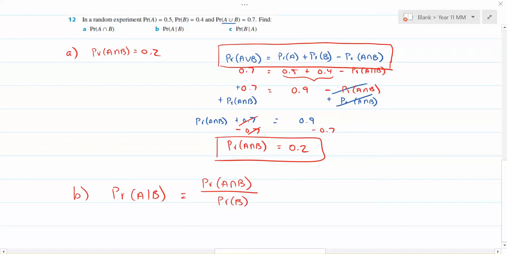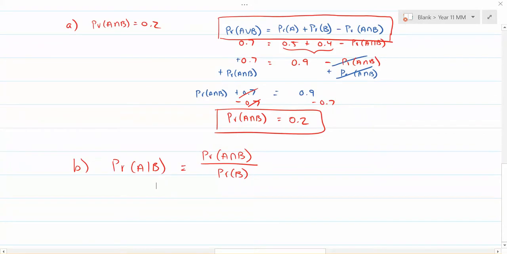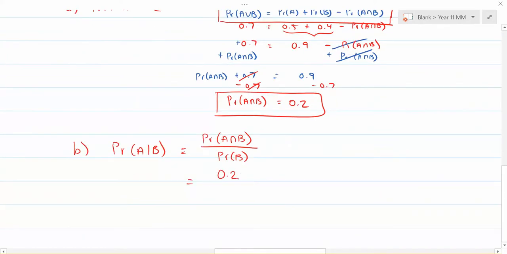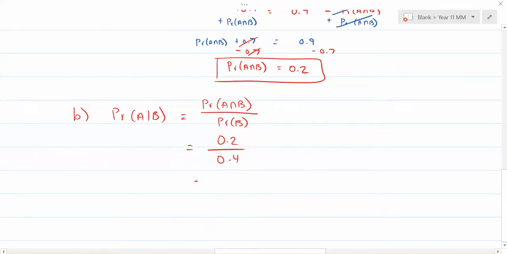To find A given B, I need A intersection B and the probability of B. In part A, I already found A intersection B to be 0.2, and they already told me the probability of B is 0.4. So that's 2 out of 4, which is the same thing as half, which is 0.5.